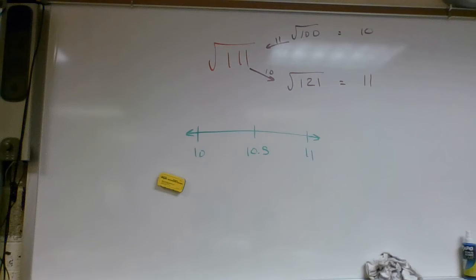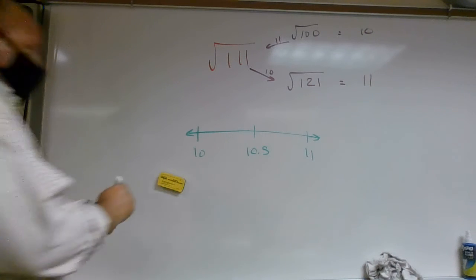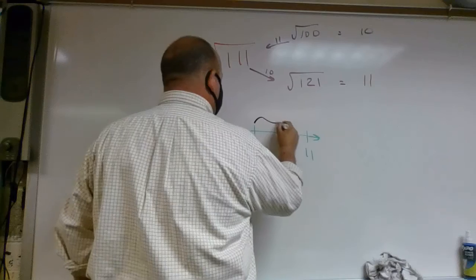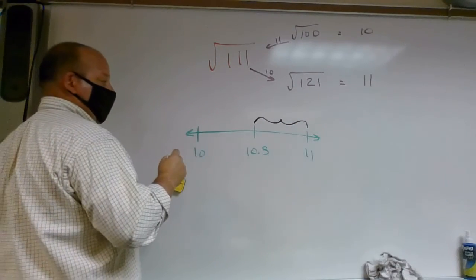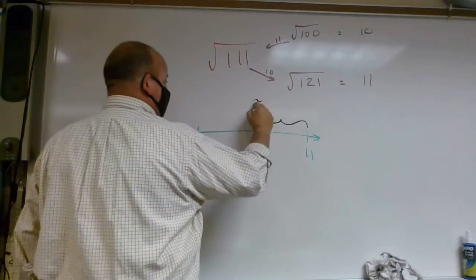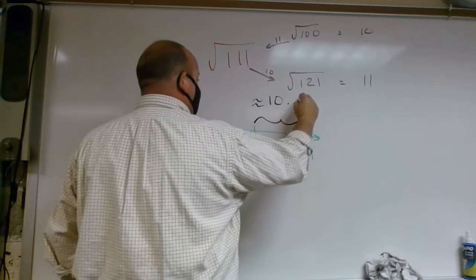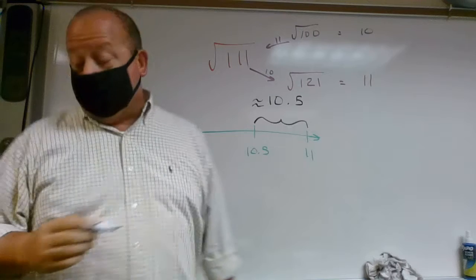No. No, that's pretty spot on. I mean, it's just a smidge closer to 11, isn't it? Just a little bit. So anything in there would be good. I would probably say my best estimate for this one would be about 10.5.